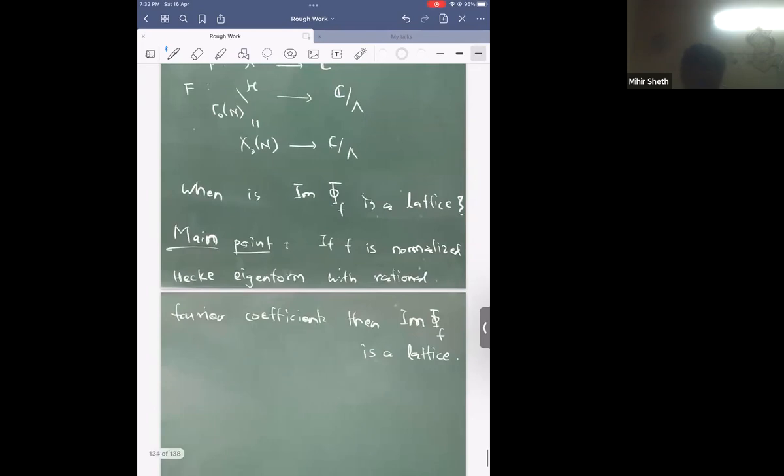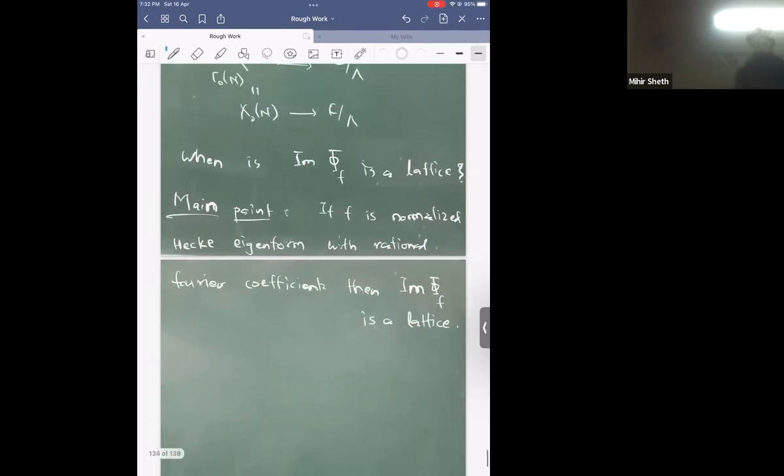And that lattice is the corresponding elliptic curve. So in that case, our E_f is this C/Lambda.